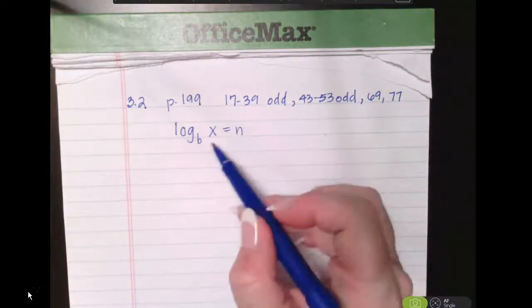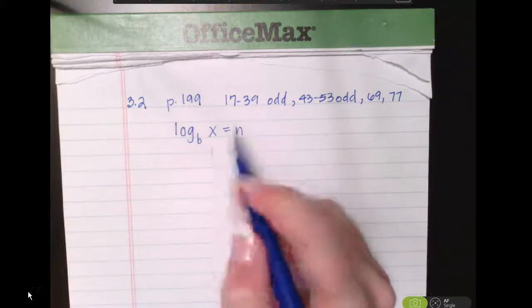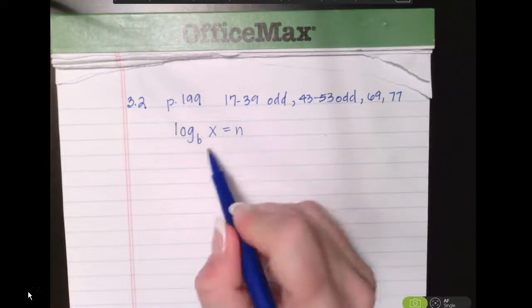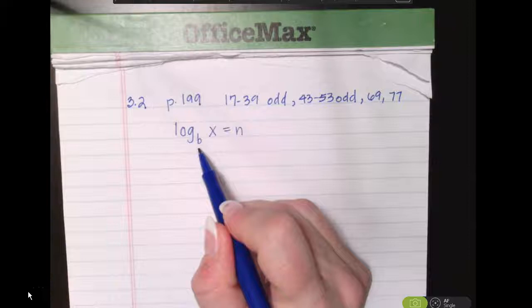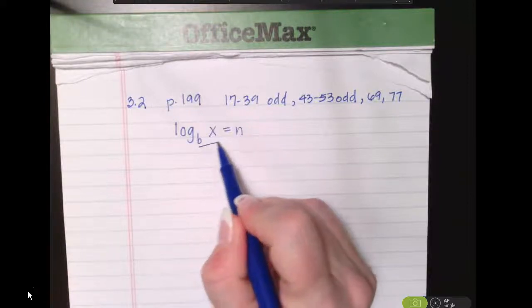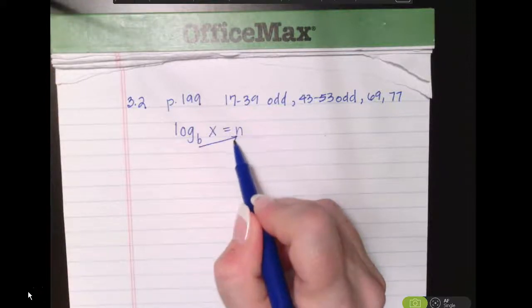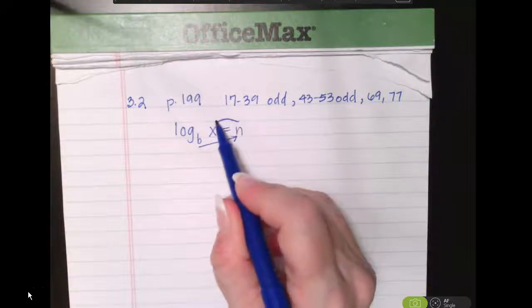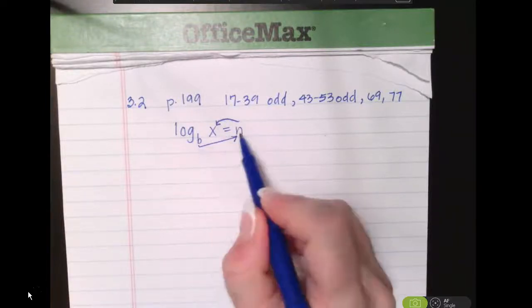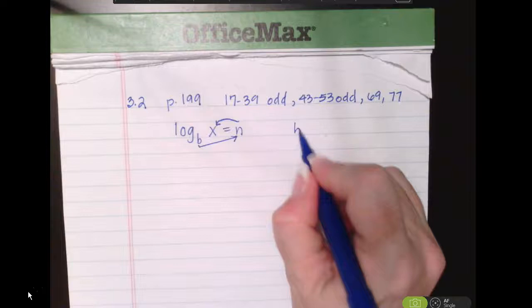Alright, so if this is logarithmic form, to go to exponential form, I just sort of make this triangle. So b to the n equals x.